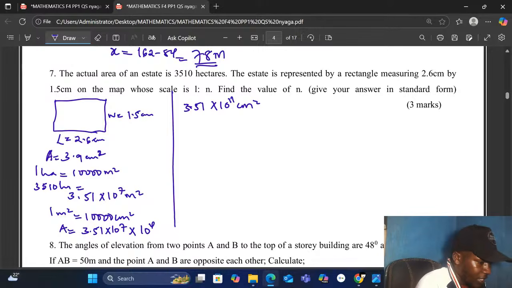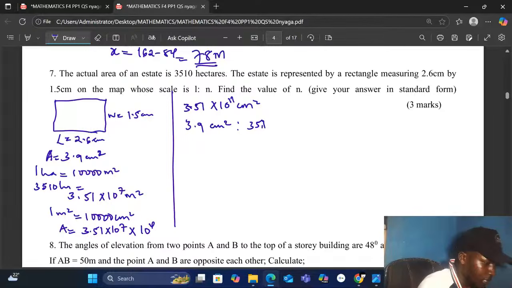Now we find the ratio. And the ratio they're saying is 3.9 cubic centimeters to 3.51 times 10 power 11.